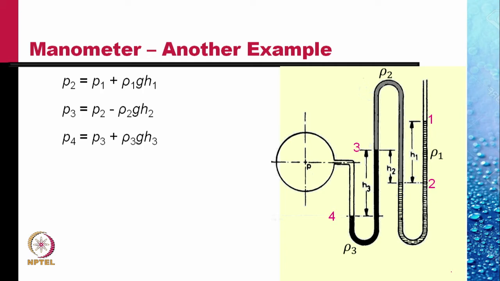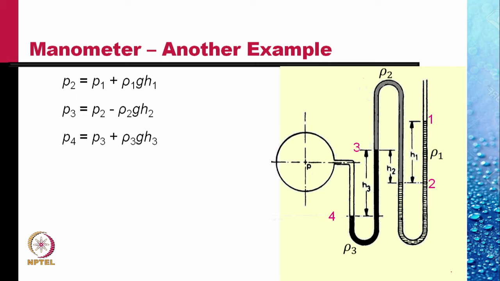Clearly, the pressure at point 2 is greater than the pressure at point 1 in the rightmost limb, and is given by P2 is equal to P1 plus rho 1 g h1. In the second limb from the right, the pressure at the level 2 is the same as P2.